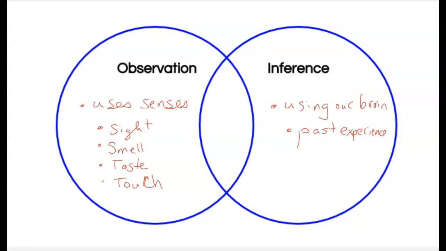And so we need to be careful when we're putting information down in an observation table about whether we're actually making an observation or we're making an inference, right? They talked about the spider, for example. Not all spiders are going to have 8 legs because some might have lost them. So we need to be careful when we make an observation, whether we're using what we're seeing or what we think is happening. And that's a big difference.